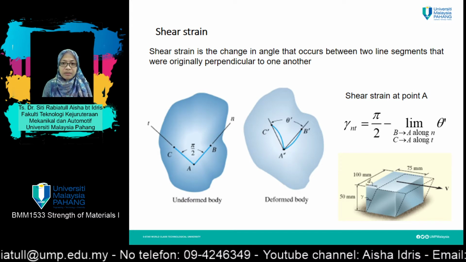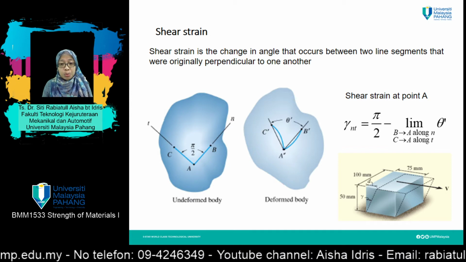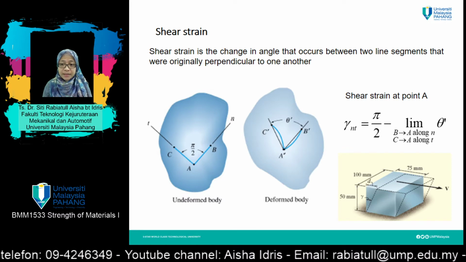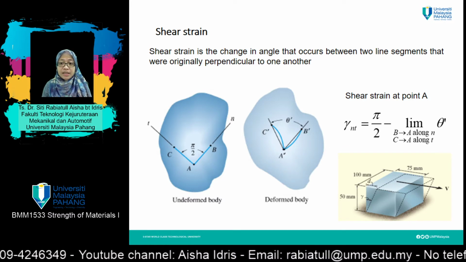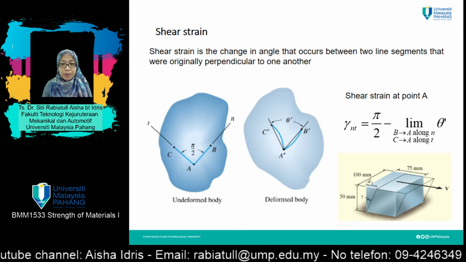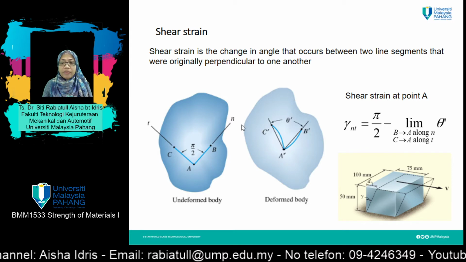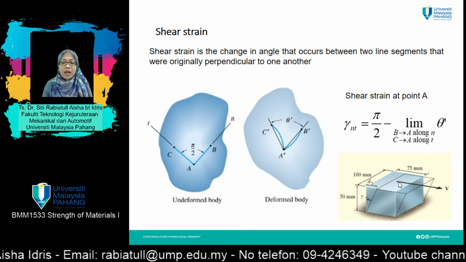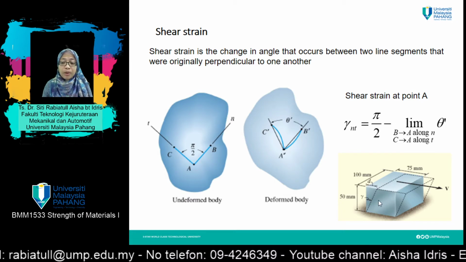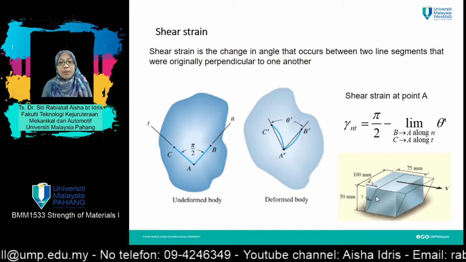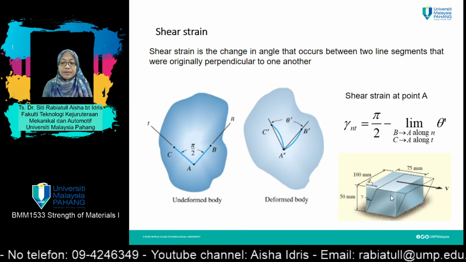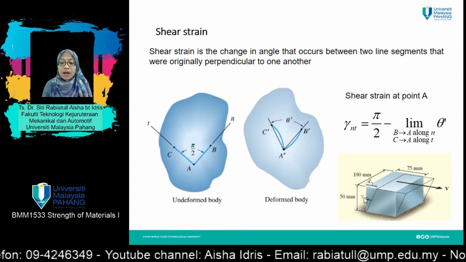Other than normal strain, there is also shear strain that exists on the structure after the deformation. Shear strain is the change in angle that occurs between two line segments that were originally perpendicular to one another. If you look at the segment there, when forces are applied, the segment itself is distorted a little bit, and therefore the shear strain is represented as gamma at that point.